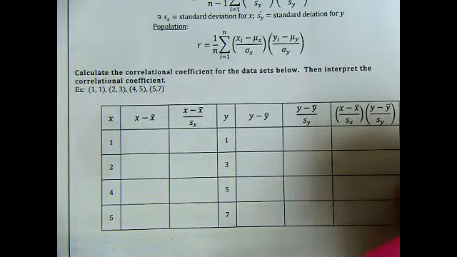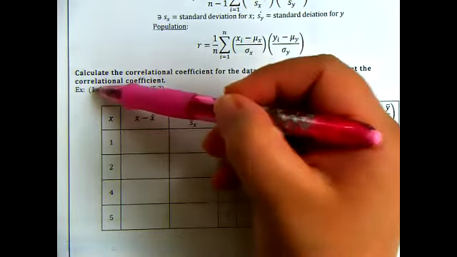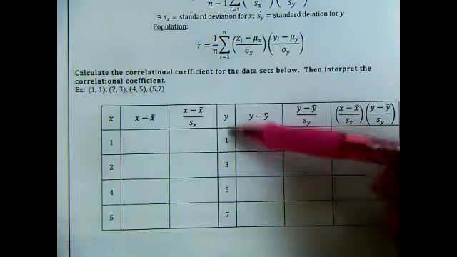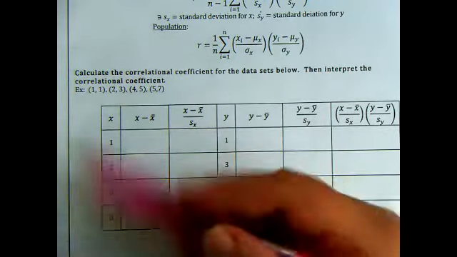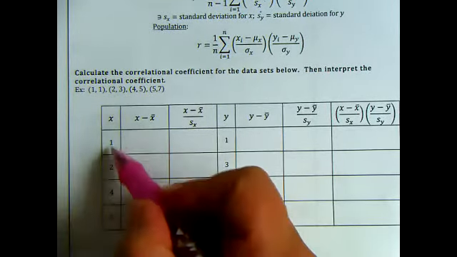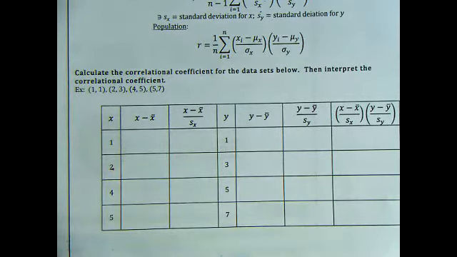My x's are 1, 2, 4, and 5. My y's are 1, 3, 5, and 7. So we can make this easy for ourselves. Add these guys up: 1 plus 2 plus 4 plus 5.